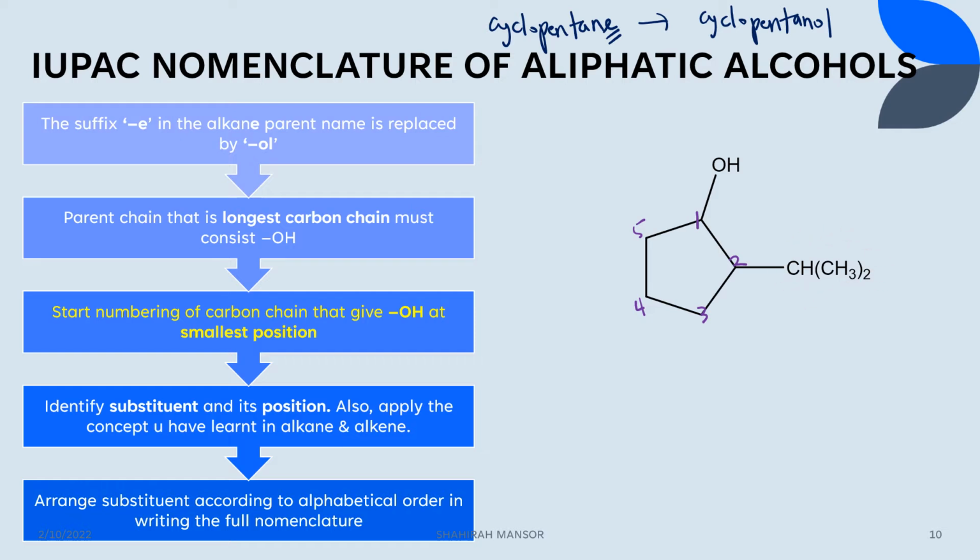So CH3 dalam kurungan 2 maksudnya on this carbon kita ada 2 CH3. Okay, dan satu lagi adalah hidrogen. So bentuk apakah ini yang ada 3 carbon macam ni? Ini adalah isopropyl. So, since we have isopropyl on the second position on the parent chain, so the name will be 2-isopropyl cyclopentanol.